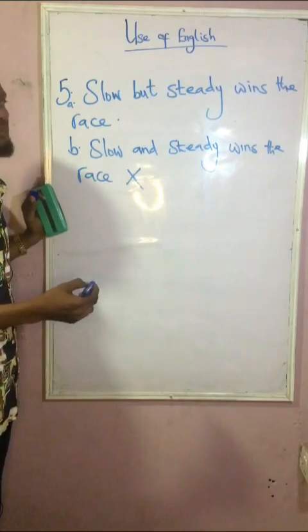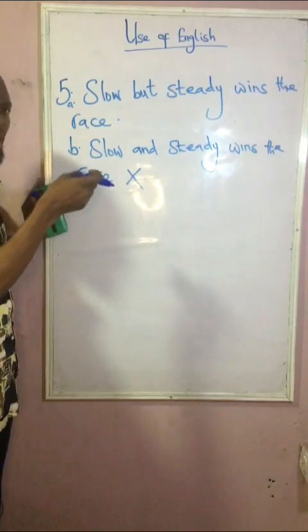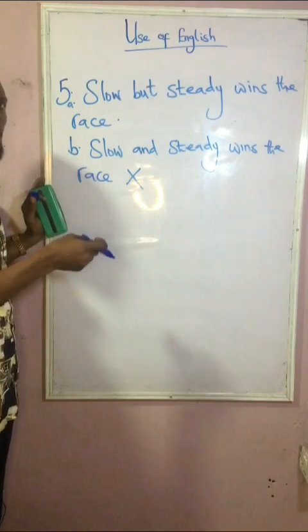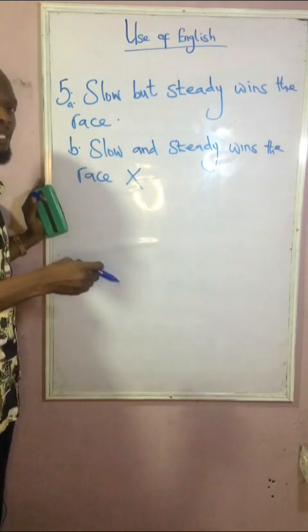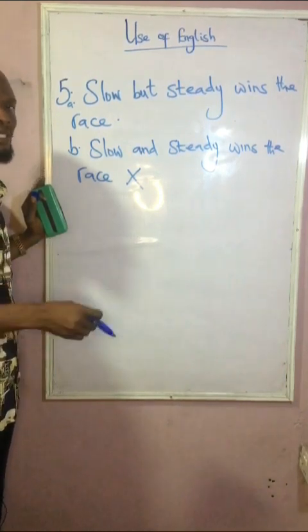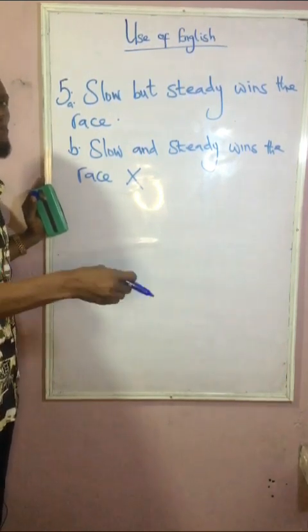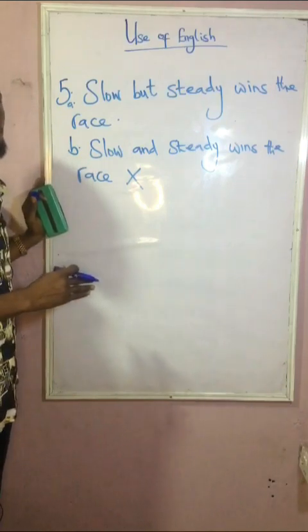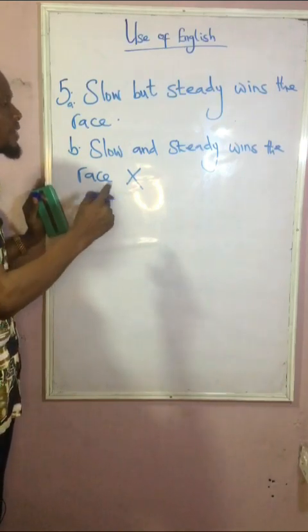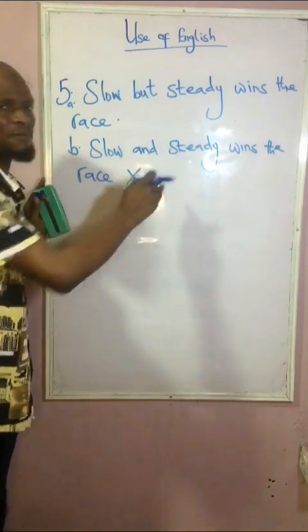This is a non-standard variant. This language is not our mother language. It is the language of the colonialists. As such, we should endeavor to stick with the rules. The non-standard variant is slow and steady.